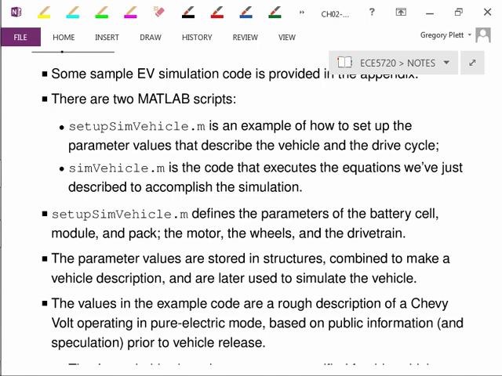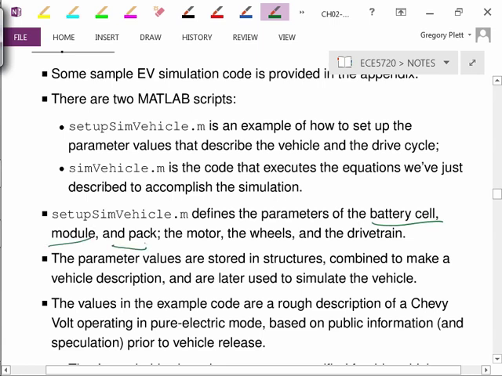And then that data structure is passed into simvehicle.m, and this is the code that actually executes the equations we've just described over the last 2 sections to accomplish the simulation. So setup simvehicle defines parameters of the battery cell, the battery module, the battery pack, the motor, the wheels, the drivetrain. All of these are stored in structures.